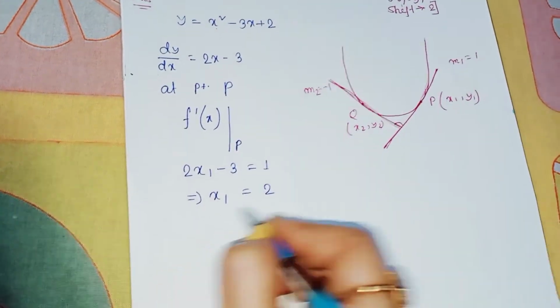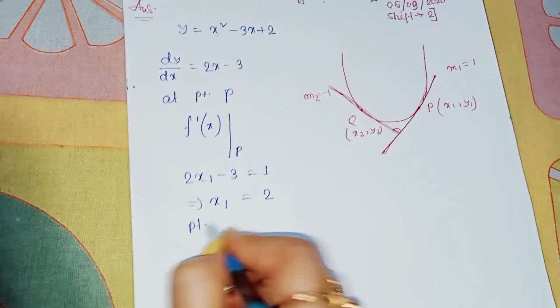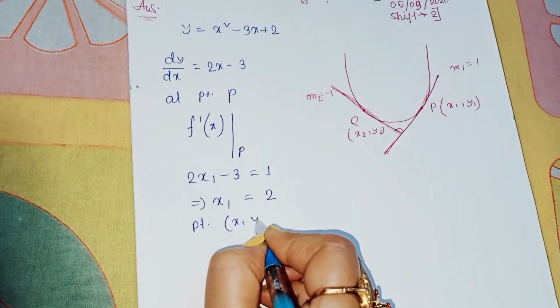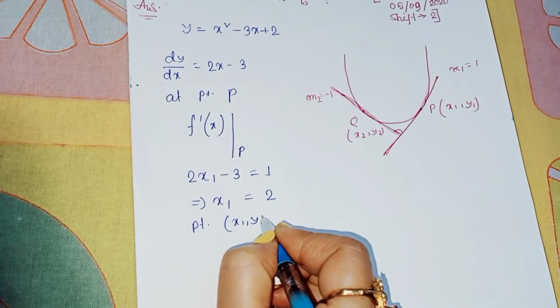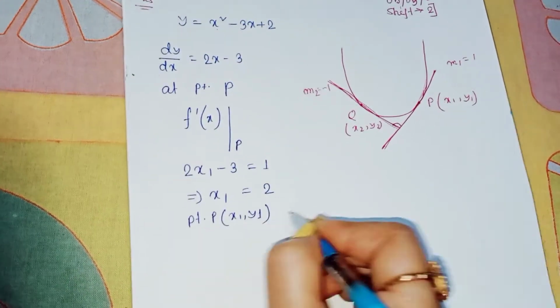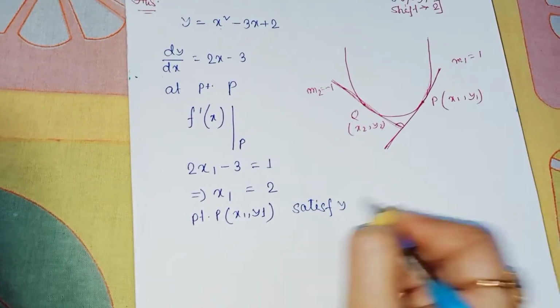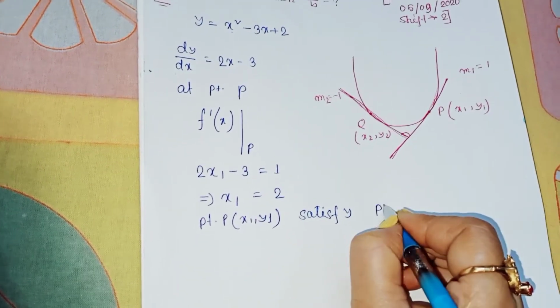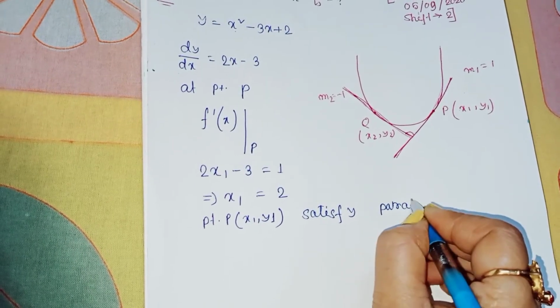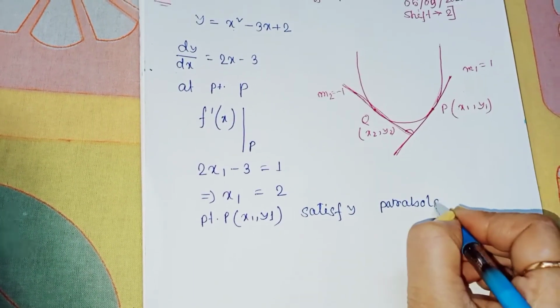The point x1 y1, which is P, satisfies the parabola, as it is on the tangent.